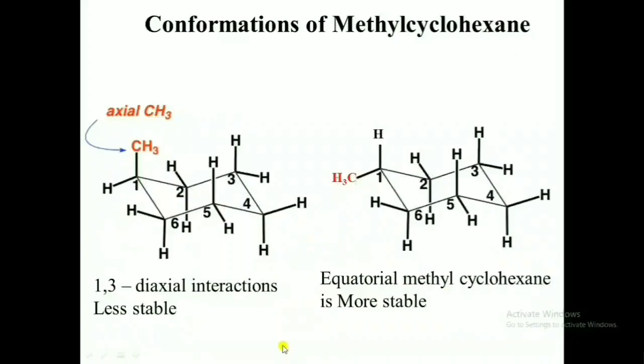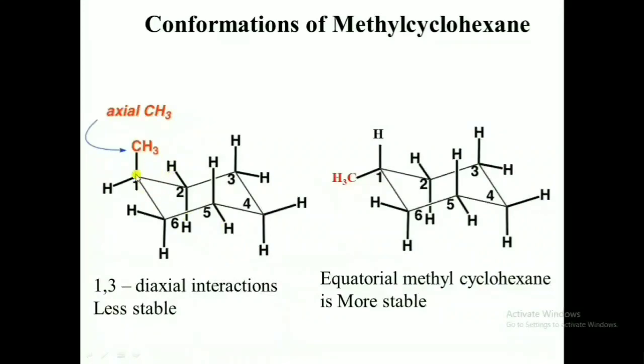It could be an axial methyl group or an equatorial methyl group. Then we will compare the stability of these two conformers, to see which conformer is more stable than the other. Okay, so let us examine the methyl cyclohexane where the methyl group is in axial position.